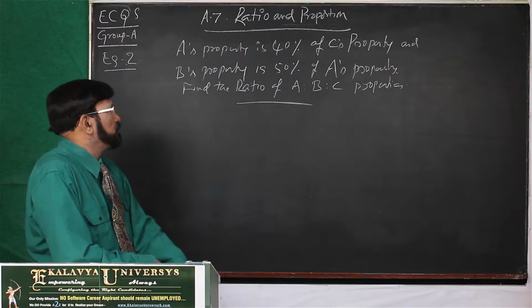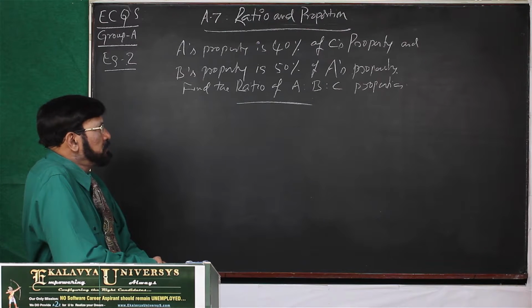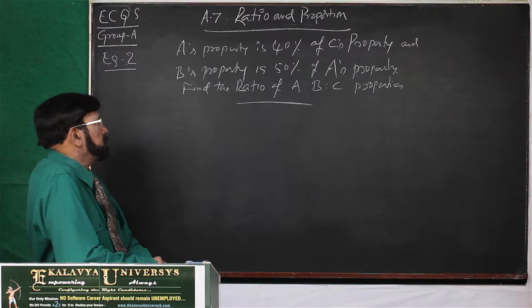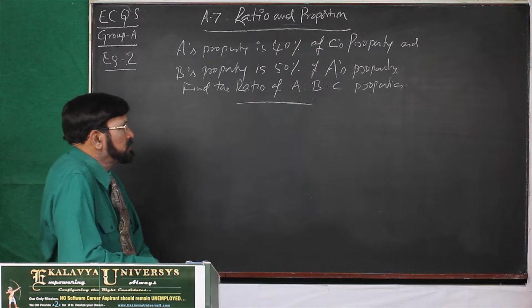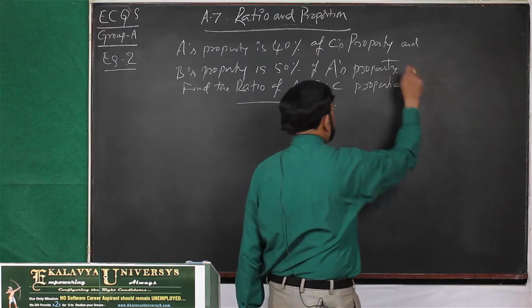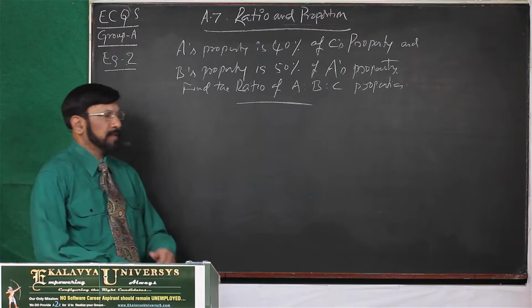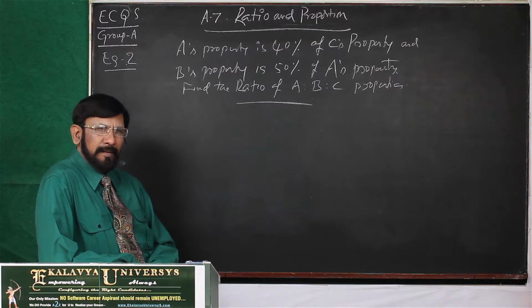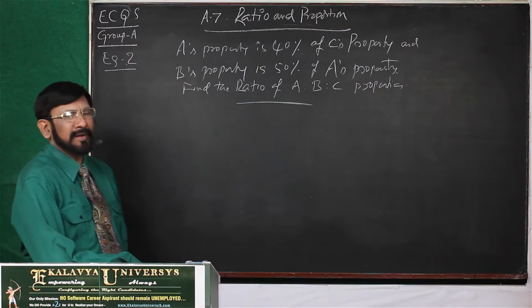Example number 2. A's property is 40% of C's property. B's property is 50% of A's property. Now, what is the ratio of A, B and C's properties? That we have to calculate.